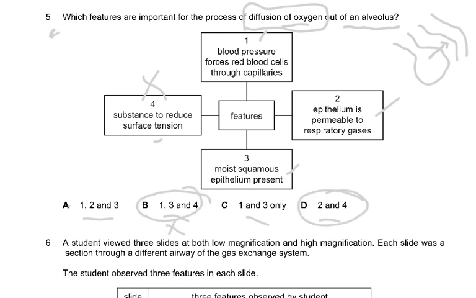So you narrow down your choices to A and C. Now 1, 2 and 3 or 1 and 3. So when you look at it, blood pressure does force the red blood cells through capillaries. So that is going to help in the oxygen diffusing out. It's going to squeeze the blood cells. So the answer is A.